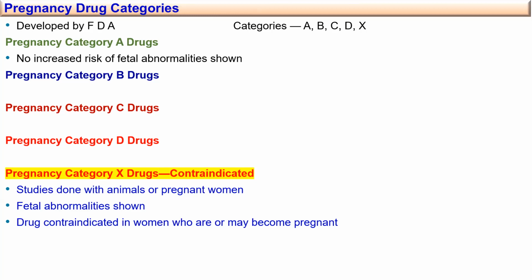However, when the pregnancy category is B, then the studies in animals have shown no risk to the fetus, but also no studies done with pregnant women, or the animal studies have shown adverse effects, but adequate and well-controlled studies in pregnant women have failed to show risk.